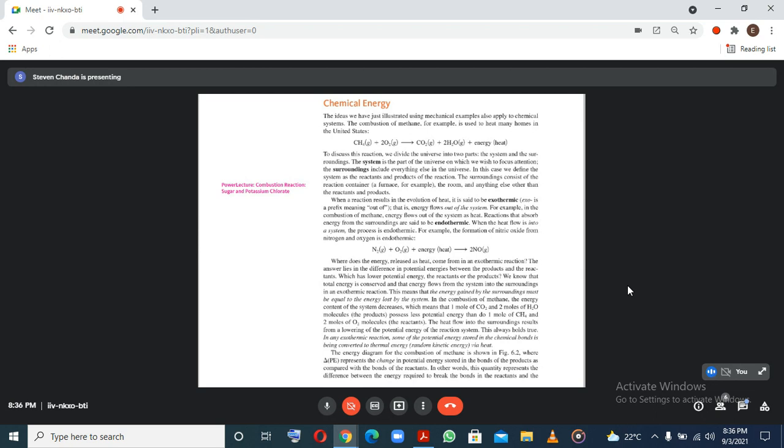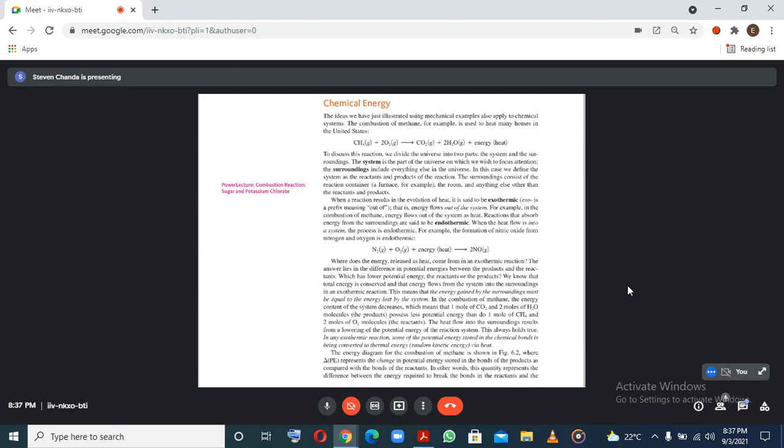That becomes our system, and then everything else in the universe becomes the surroundings. So in this case, we would say the reactants and the products of the reaction are the system, and the surroundings would be the reaction container, the room, and anything else other than the reactants and the products. Now, of course, this brings us to the two kinds of reactions that we have.